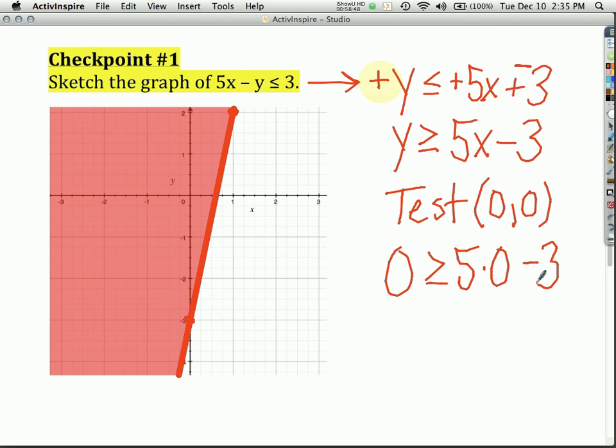And you get 0 is greater than or equal to -3, which is a true statement. And since it's a true statement, that means that is a solution right there. Which means that half should have been shaded. If you did not flip the symbol, then you would end up with a false statement and you would have thought you were supposed to shade the other side.